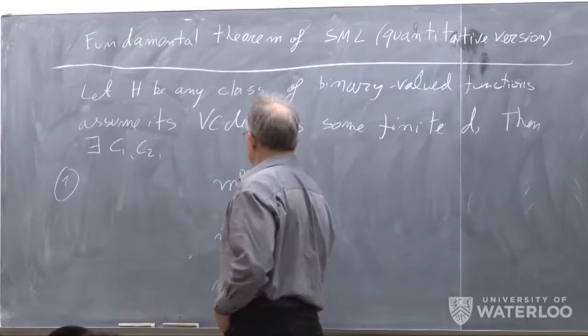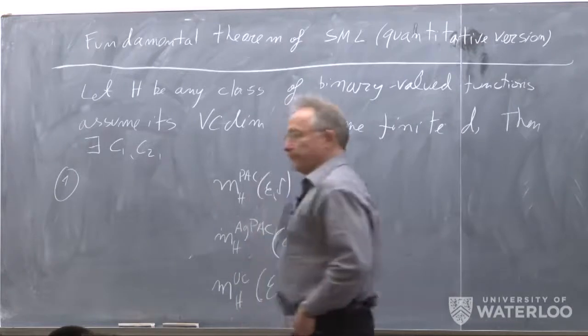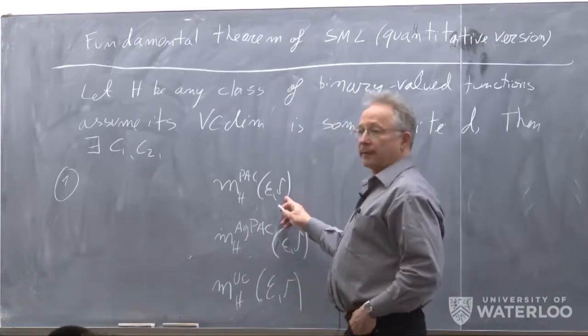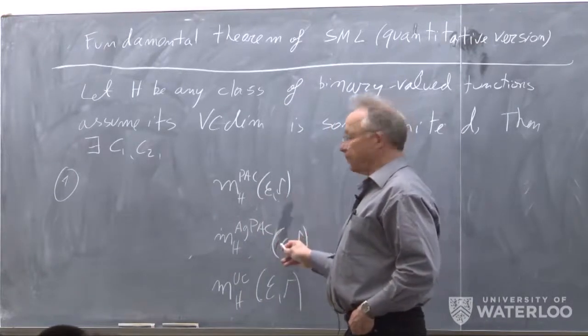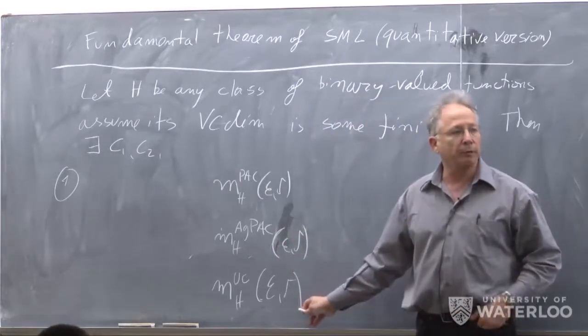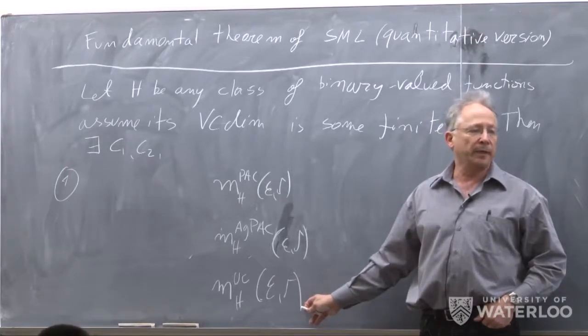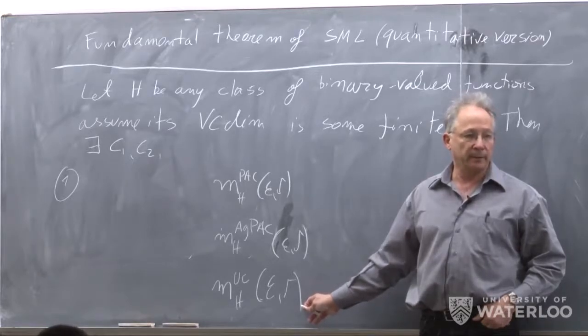It's all for this H of epsilon delta. So this is about how many samples do I need to PAC learn, how many samples do I need for agnostic PAC learning, and how many samples do I need for uniform convergence, which in particular tells us how many samples we need for an ERM learner.